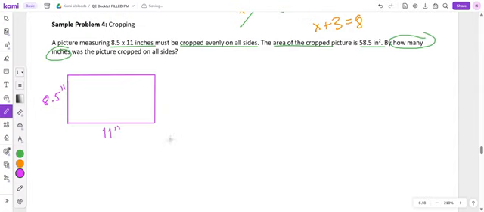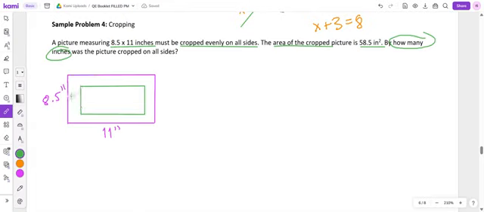Do we know the original area? I can easily figure it out, right? One times the other. Now, I'm going to cut a little bit from the top, same exact amount from the left and bottom and right.